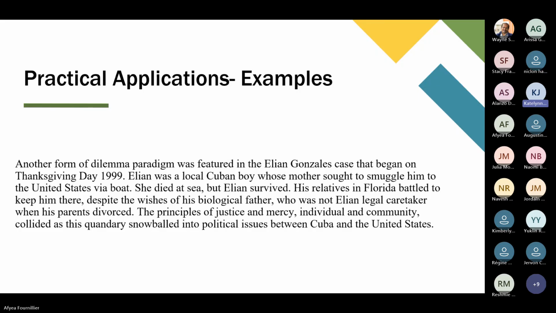His relatives in Florida battled to keep him there despite the wishes of his biological father, who was not Elian's legal caretaker when his parents were divorced. So the principles of justice and mercy, and individual and community, collided as the quandary snowballed into political issues between Cuba and the United States.